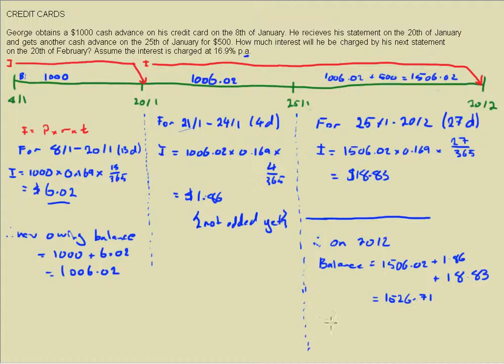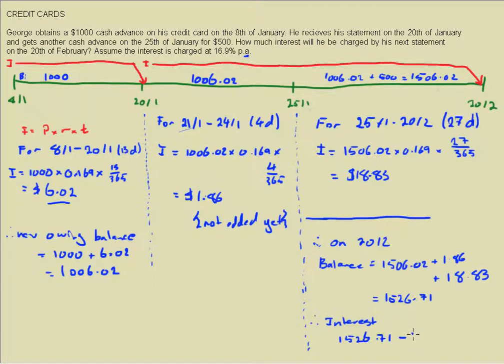So how much interest did they end up getting over that, if that's our new balance? So therefore our interest that was charged over that time is our 1,526.71 minus the amount of money we actually took out.